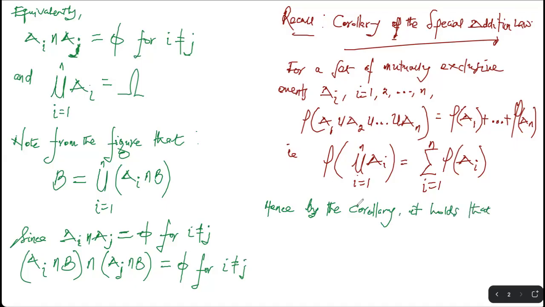It holds that. So this is it. We can apply this corollary to now finding the probability of B. Okay. So think about it. The probability of B, okay, will become what? The probability of this big union, all right, I moving from 1 all the way to N.